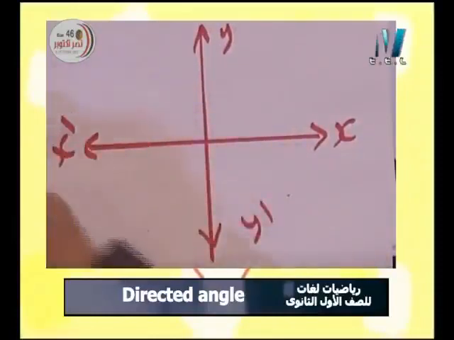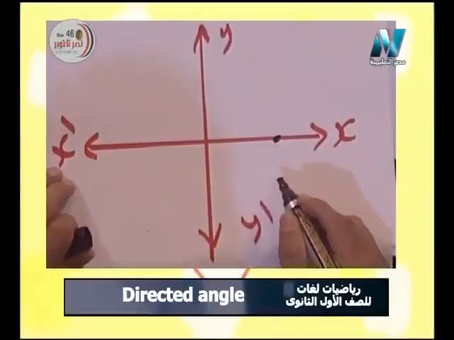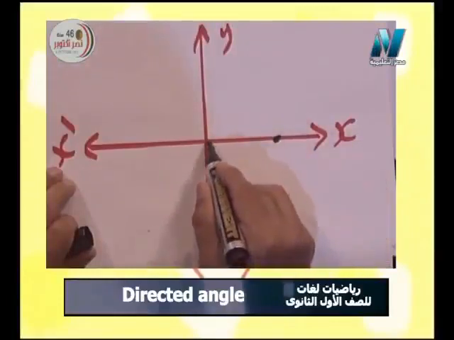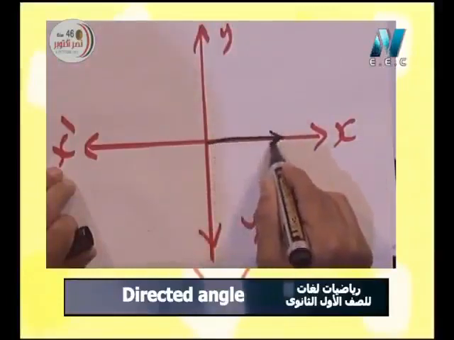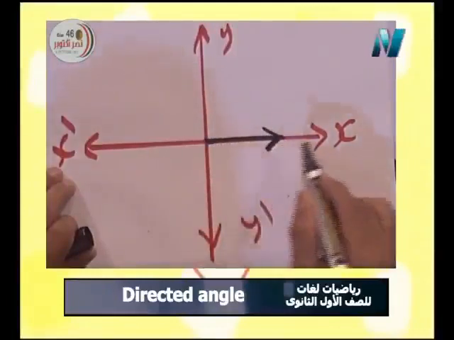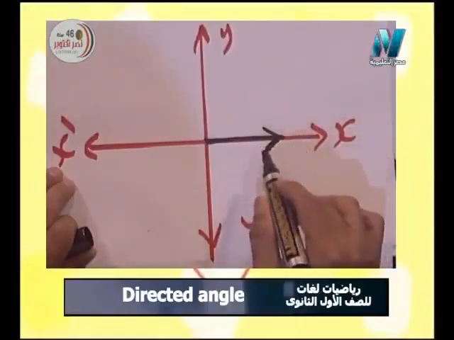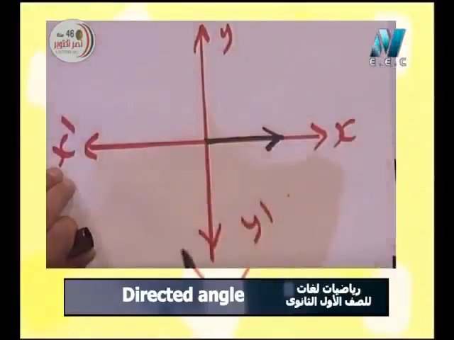If we have an angle whose measure equals 0, its initial side and its terminal side coincide here, so it's a quadrantal angle because it lies on the x-axis.